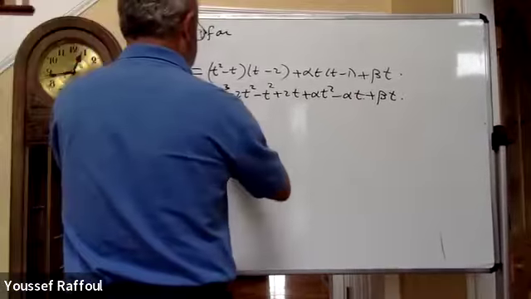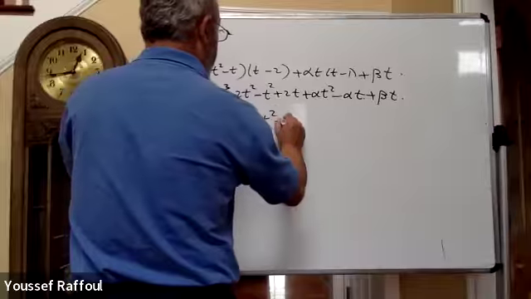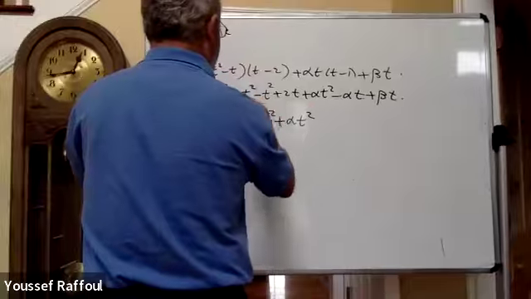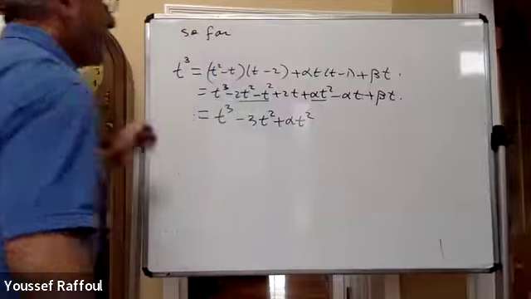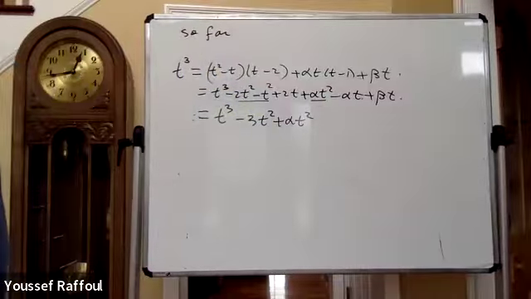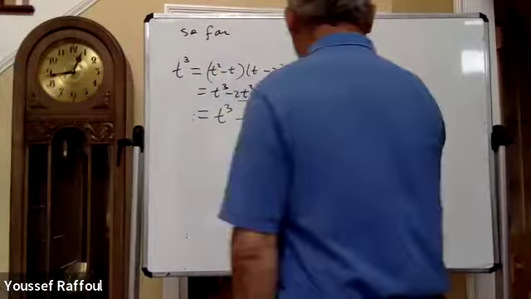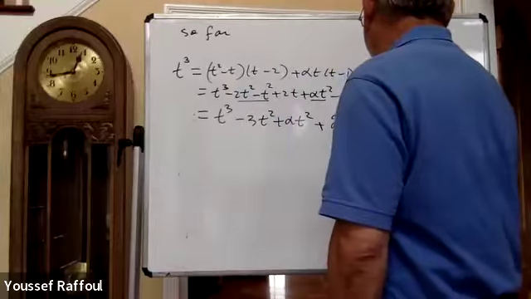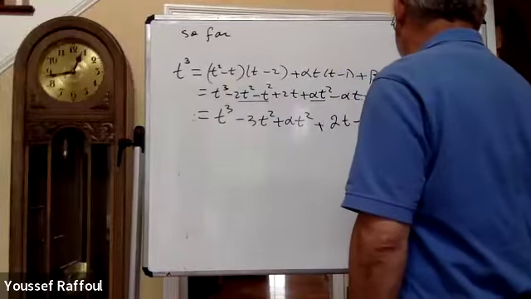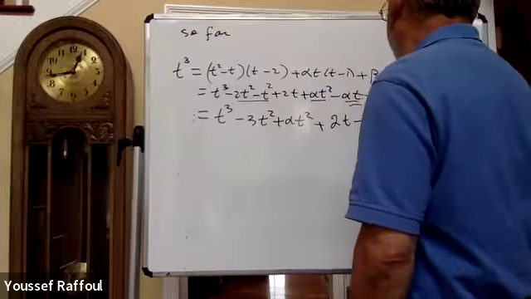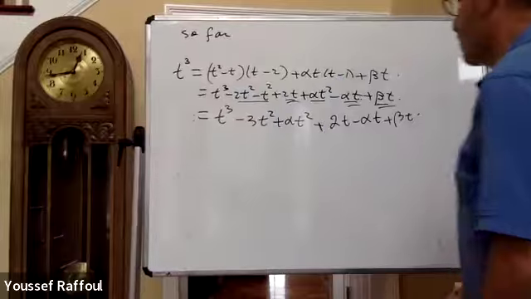I have minus 3t squared plus alpha t squared, this and that. Plus 2t minus alpha t plus beta t. That is this, this, and this.